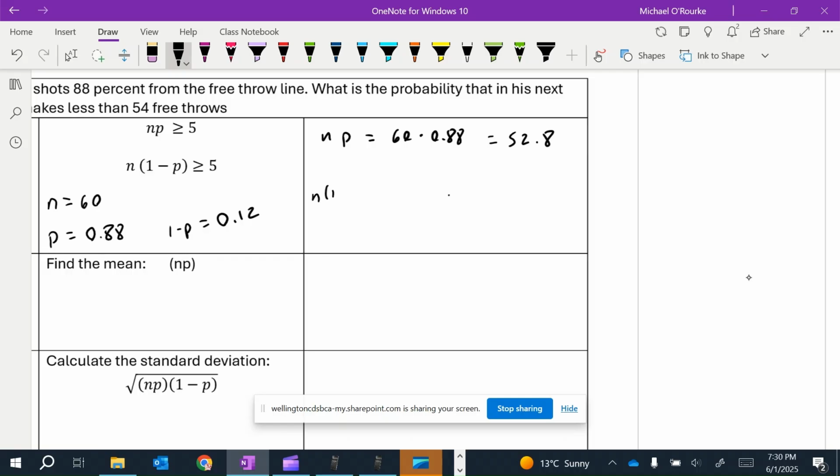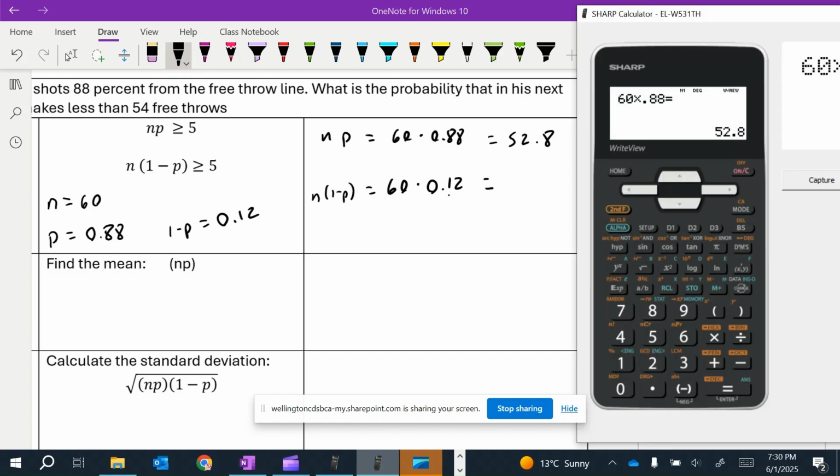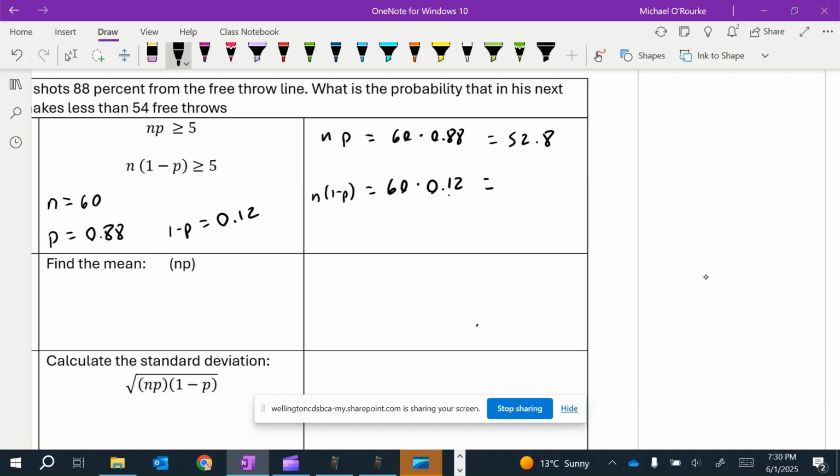And n times 1 minus p is 60 times 0.12, which is 7.2. Both of these are greater than or equal to 5, so we can go on to the next step.